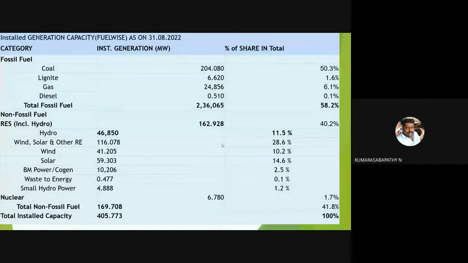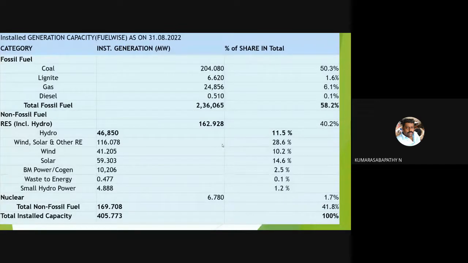out of the renewable energy sources, mostly in solar power we are generating more power. Mostly from solar power we are doing the generation, as well as the contribution from nuclear power, which is 1.7 percent.